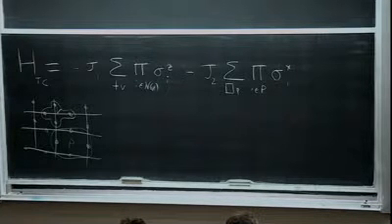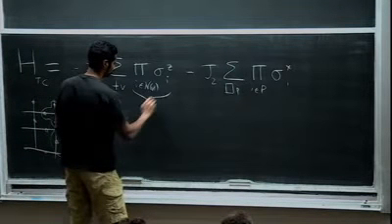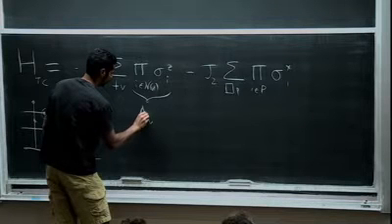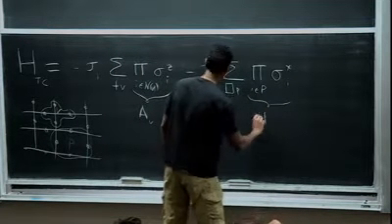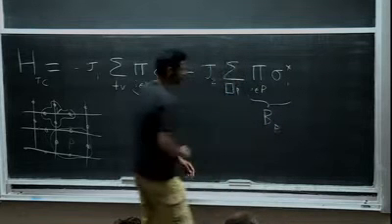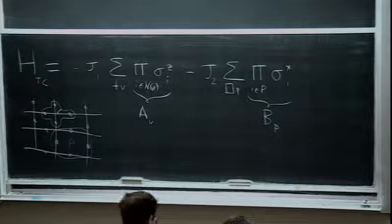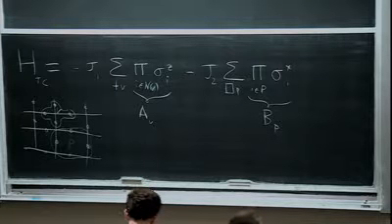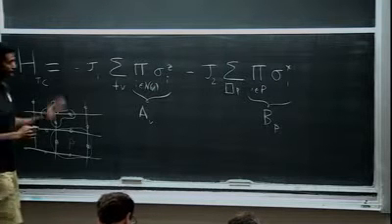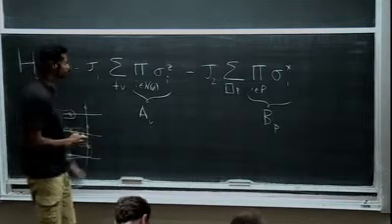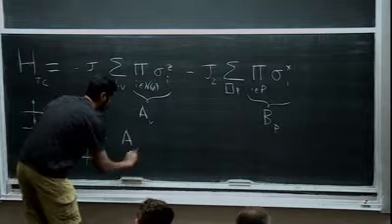So let's call such a term A sub v, and terms like this B sub p. For every vertex, you have a term that's a product of the 4 sigma z's around that vertex. For every plaquette, you have a term that's a product of the 4 sigma x's around that plaquette. The property that these operators satisfy is that they all commute.